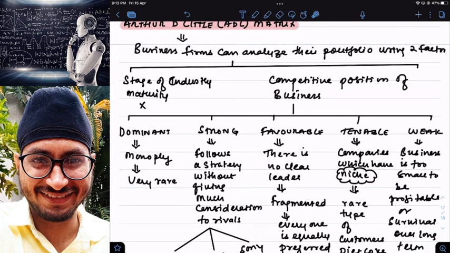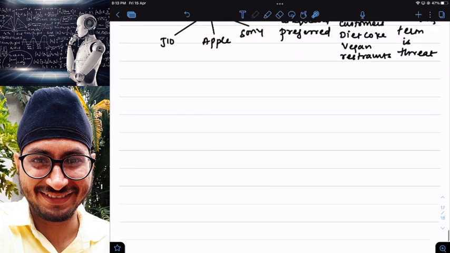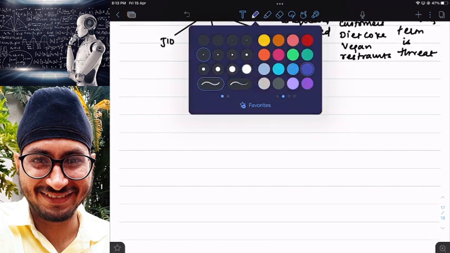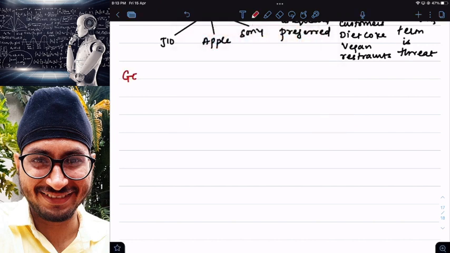Understood what is ADL matrix? I hope it is clear. Next, after ADL matrix, we have General Electric model. Clear? Or GE model. Also called as McKinsey model.